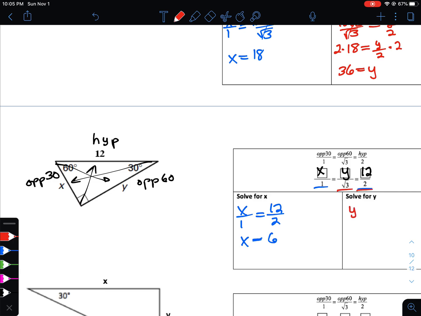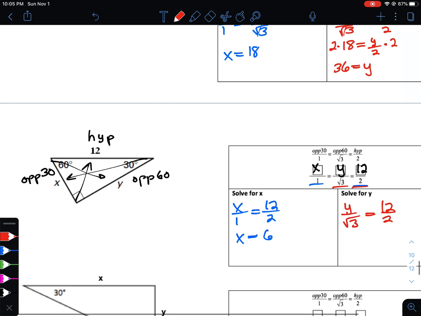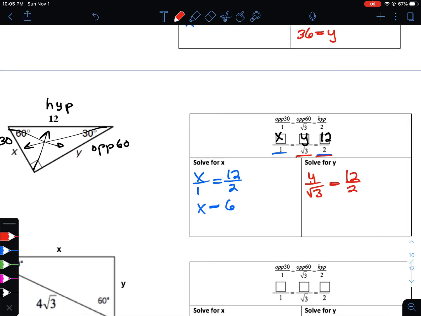So we'll take y over the square root of 3 and set that equal to 12 over 2. So let's go ahead and simplify the 12 over 2 to be a 6. And then we can multiply both sides by the square root of 3. That'll give us y by itself is equal to 6 over the square root of 3.